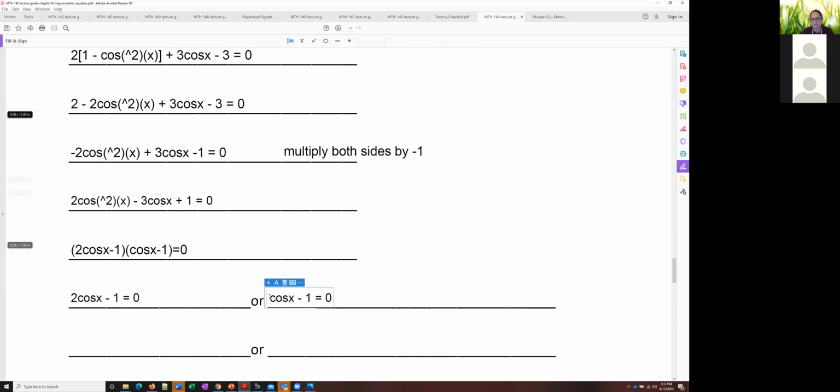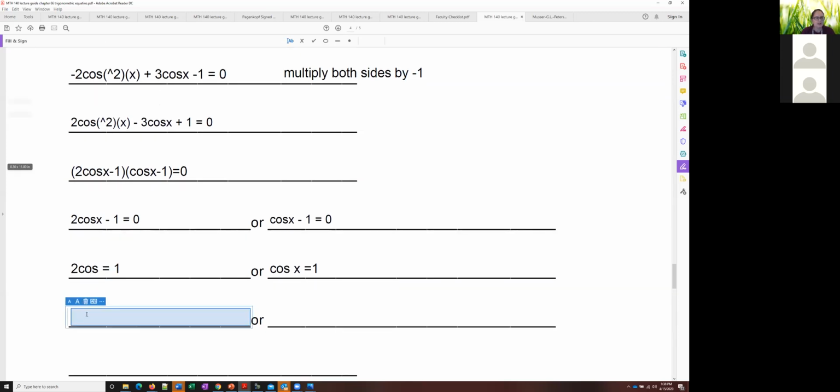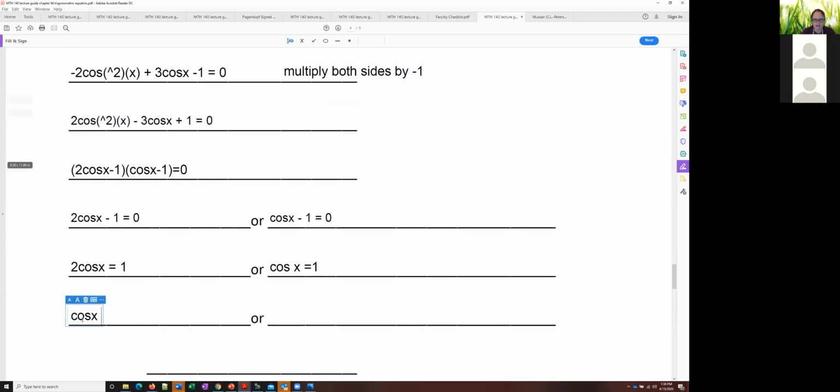All right, well, if cosine x minus 1 is equal to 0, that means cosine of x is equal to 1. And over here, I can add 1 to both sides. 2 cosine x equals 1. Here I'm going to divide both sides by 2. I get cosine x is equal to 1/2.